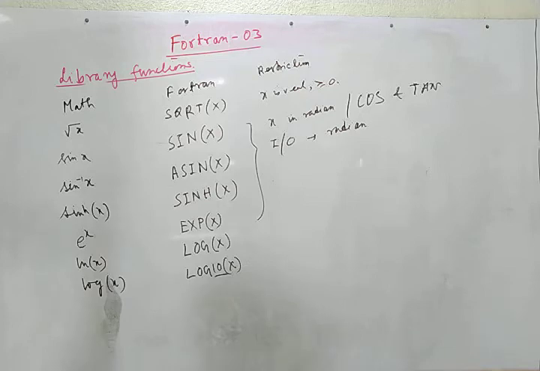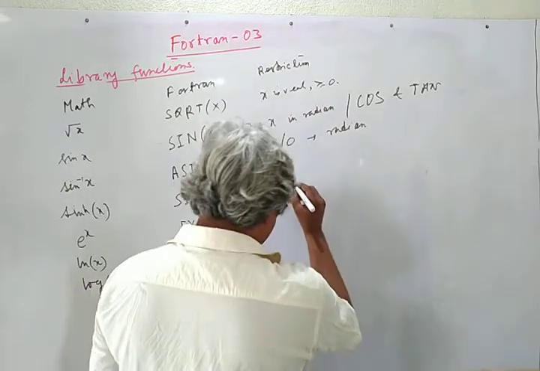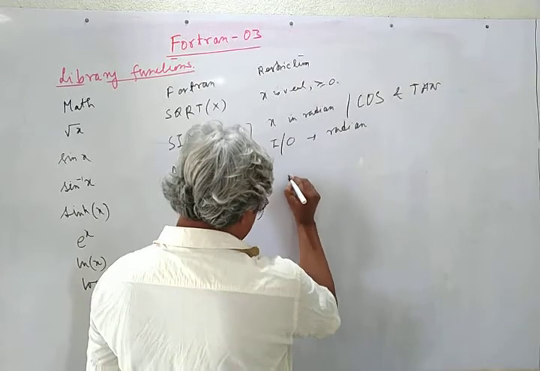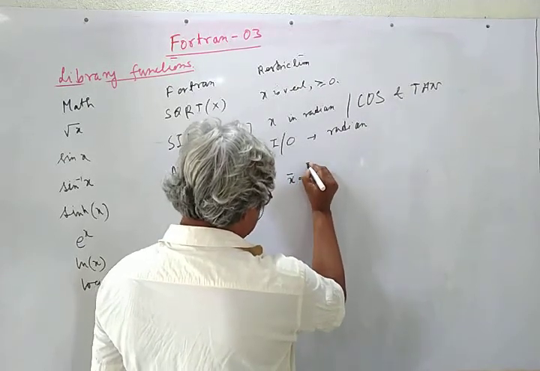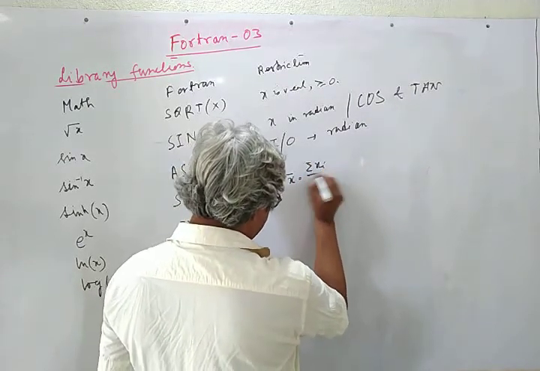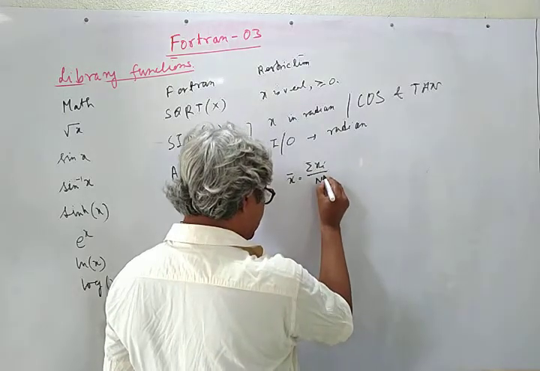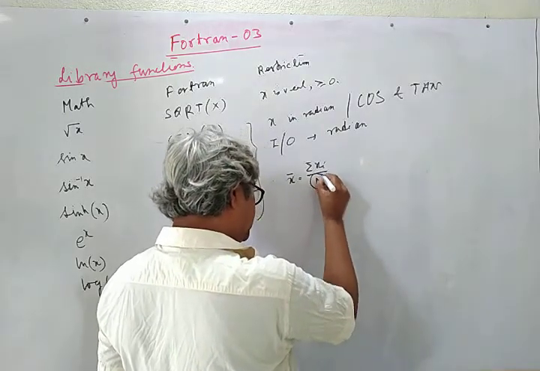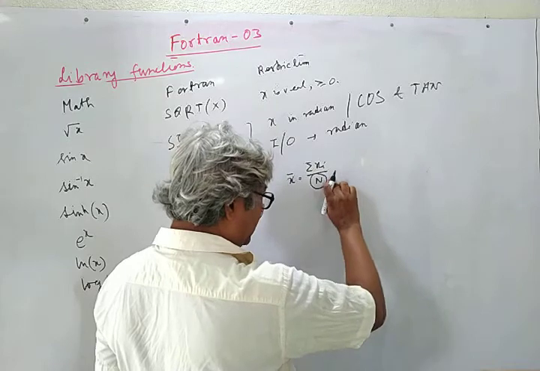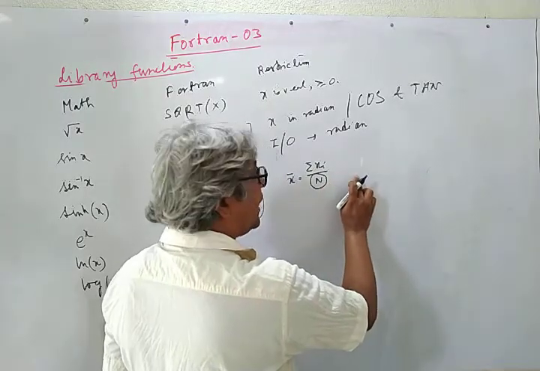Then sometimes it is required to convert an integer number into the corresponding real number. As for example, when we want to calculate the average, this is the sum over xi divided by number of observations. Then to avoid mixed mode operation, one needs to convert it into the corresponding real number.